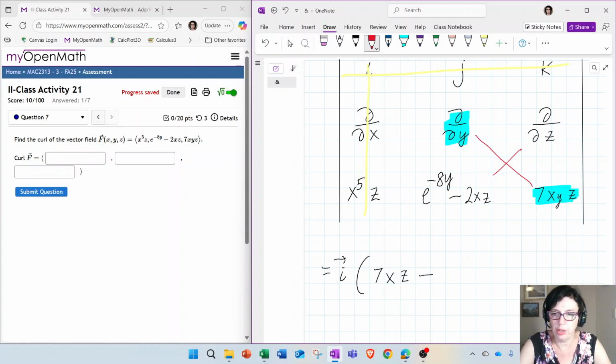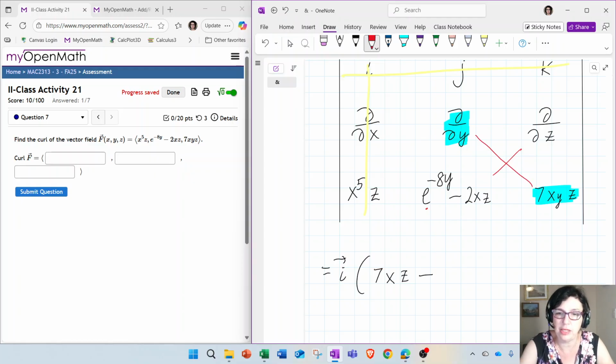So what are you going to do? First, let's find the partial derivative of the e function with respect to z. Now, you may be tempted to say, oh, that's negative 8 e to the negative 8y. That would be incorrect because this term does not have a z. Terms that are added or subtracted that don't have the variable with respect to which you are taking the derivative will drop out.